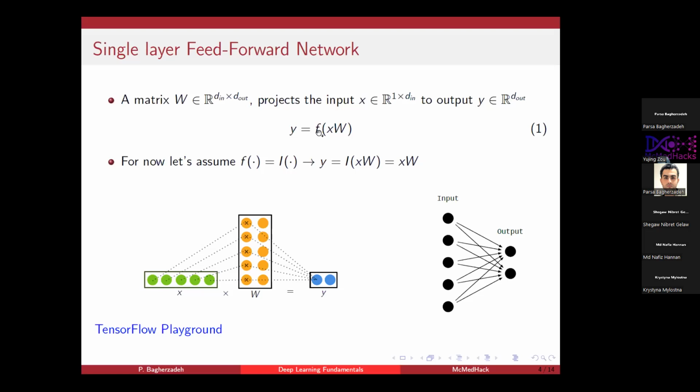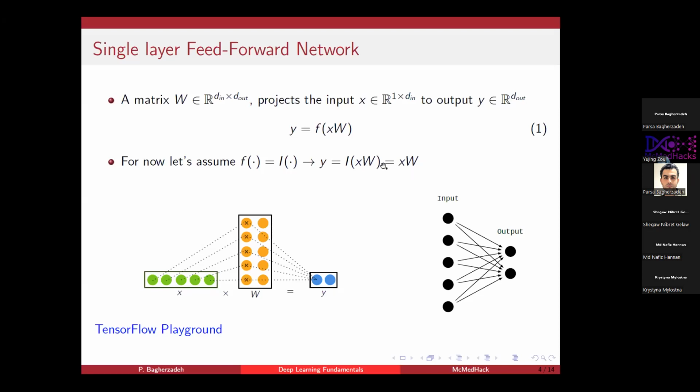So here we have a function. For now, let's assume that this function is an identity function. What do I mean by identity function? It means that it doesn't change the result of this product. Whatever I have as a result of this product, X times W, it doesn't alter the result of that product.